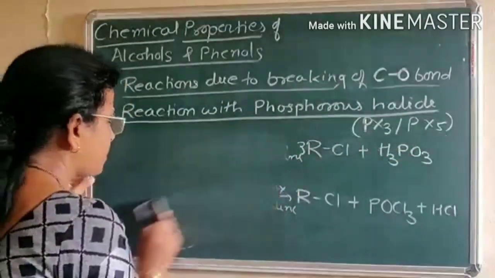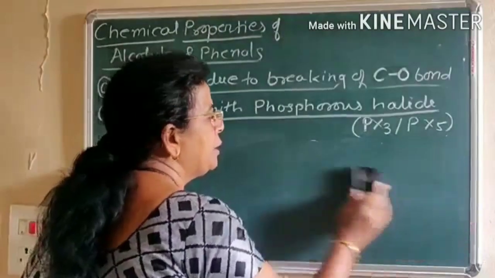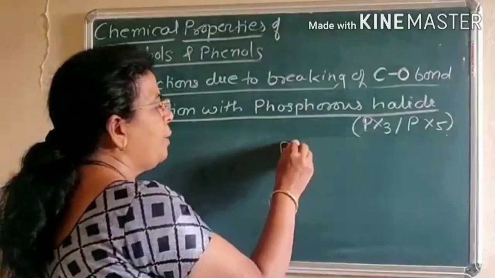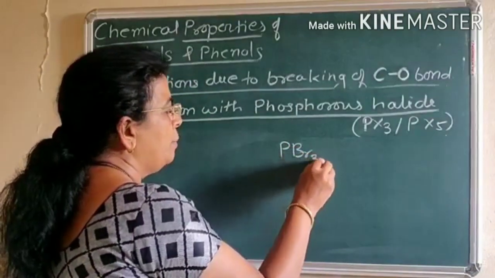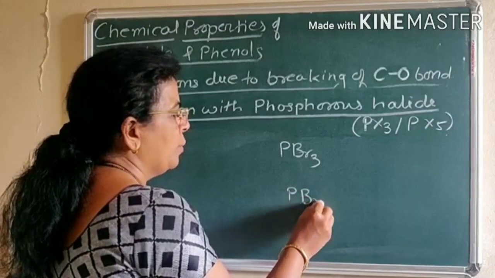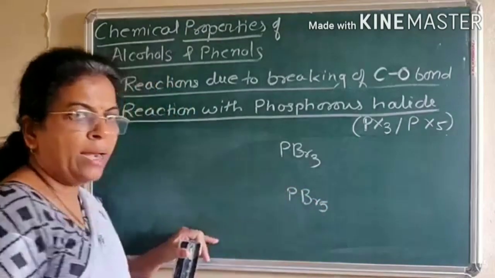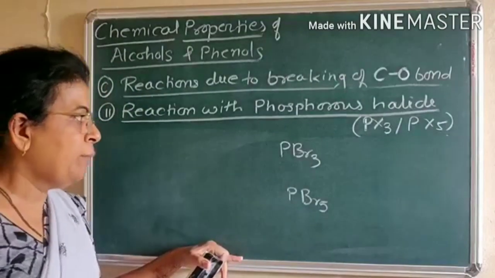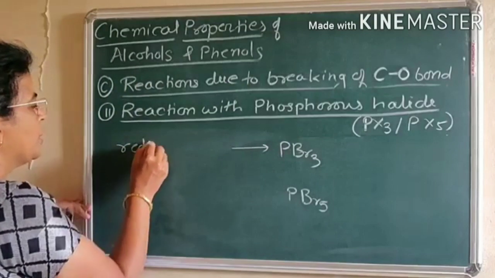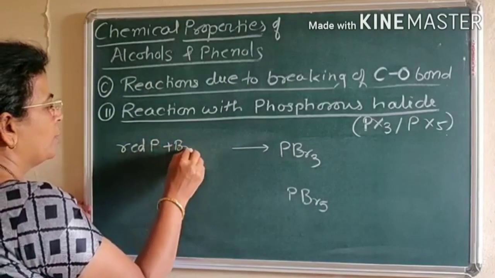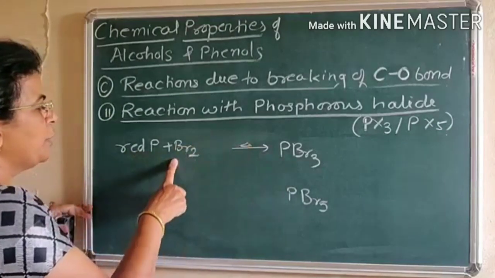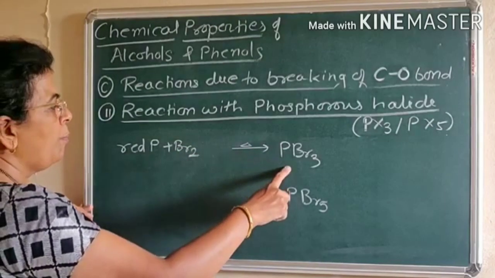Now here, unlike PCl3, PBr3 or PBr5 or PI3 or PI5 are unstable and they are prepared at the time of reaction by the reaction between red phosphorus and bromine molecule, that is red phosphorus is treated with bromine molecule to form PBr3.